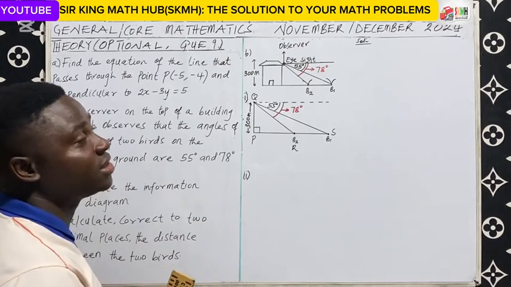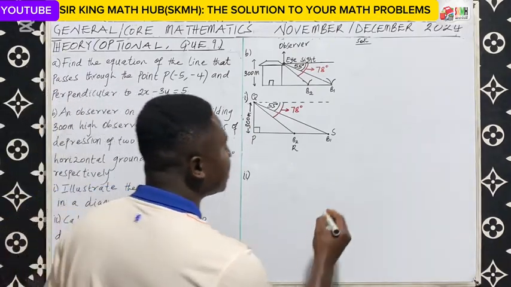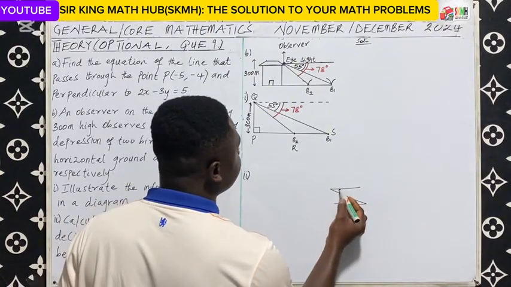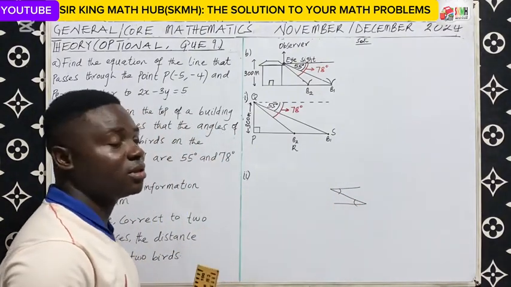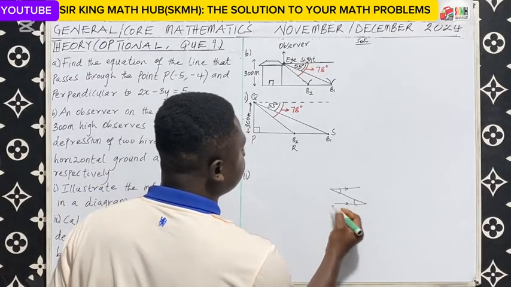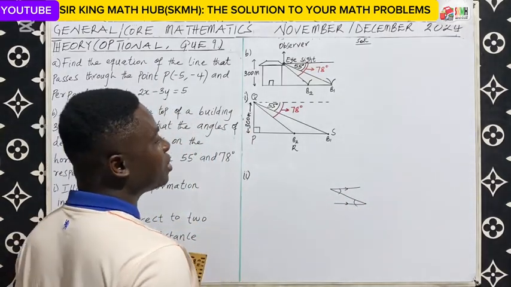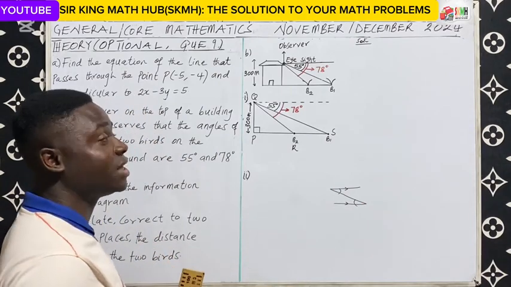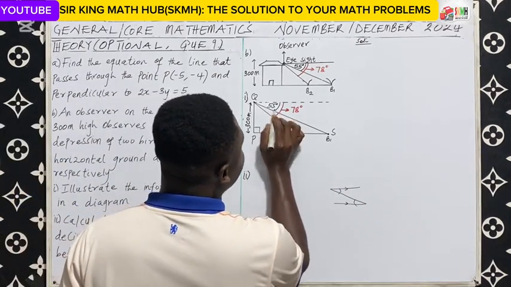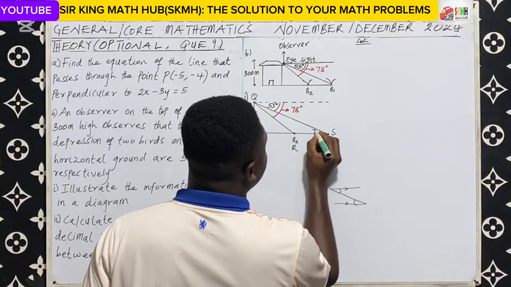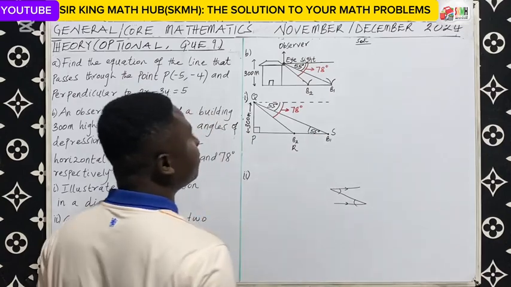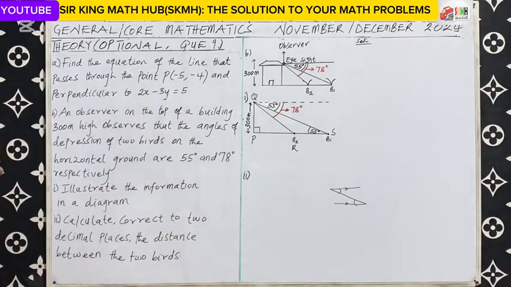You can see that they are alternating. Alternating angles are angles that are formed from the alphabet Z. Anytime you draw the alphabet Z, there are 2 angles, and these 2 angles alternate with each other. Because they are alternating, they are equal. We know that alternating angles are equal. So if this angle measures 55 degrees, then the angle at S must also measure 55 degrees.